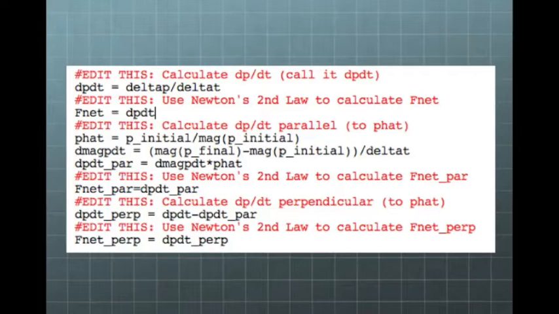Using these two components, dp/dt parallel can be found by multiplying d magnitude p by p hat. This also equals F-net parallel. dp/dt perpendicular was found by subtracting dp/dt parallel from dp/dt, which also equals F-net perpendicular.